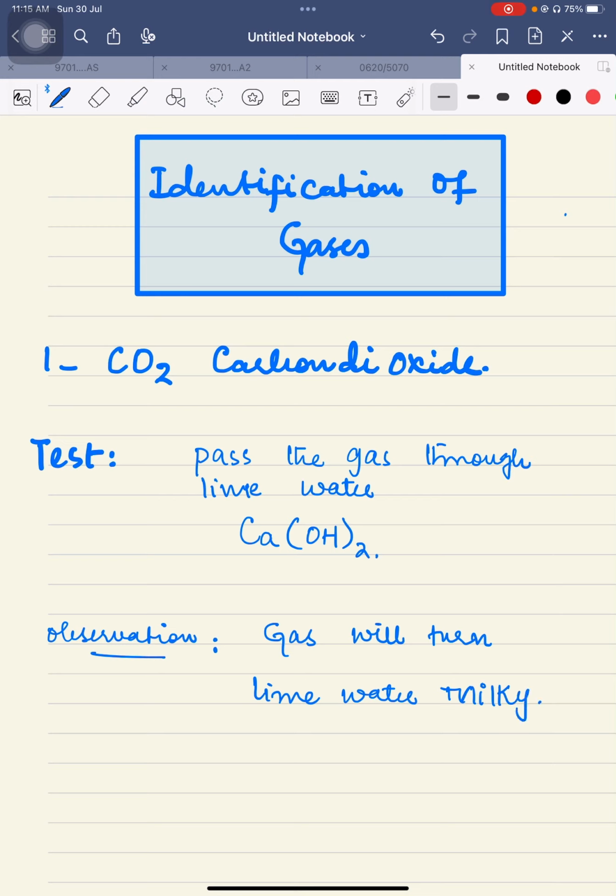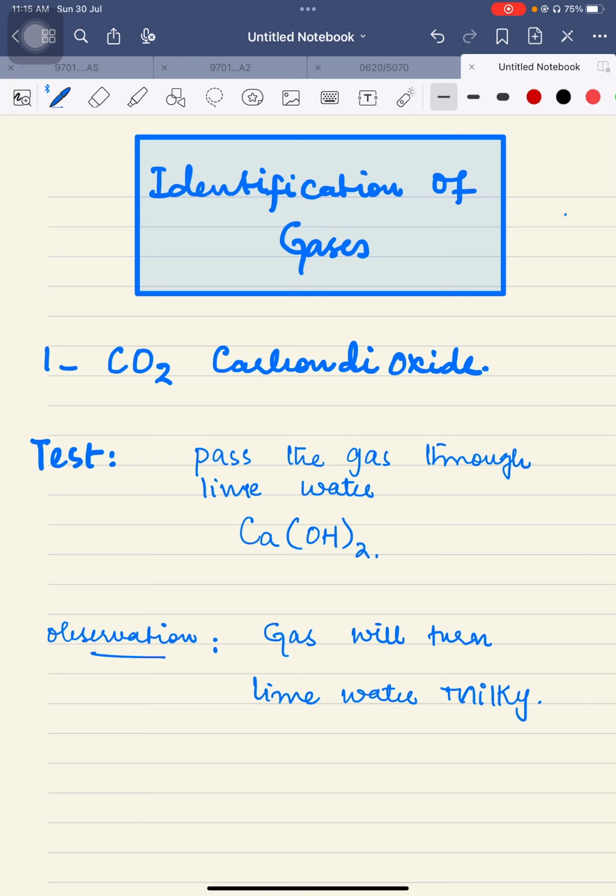So this is our observation. What is the test? Pass the gas through lime water. And what is the observation? The gas will turn lime water milky. Is that clear right now? So this is how we are going to write the test for carbon dioxide.